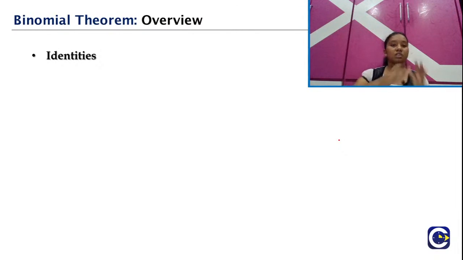Once we have our identities, using them we can observe and conclude some statements. So we start with identities, then observe the relation between the expansions and the identities, and then conclude our things related to the identities.